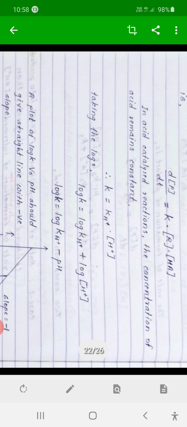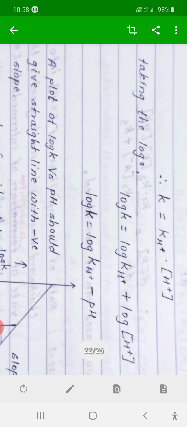For an acid catalyzed reaction, the rate equation is dP by dt, that is rate of product formation per unit time, equal to rate constant K into concentration of R reactant into concentration of HA, that is acid. For acid catalyzed reactions, the concentration of acid remains constant. Therefore, K is equal to KH into concentration of H plus, that is acid.